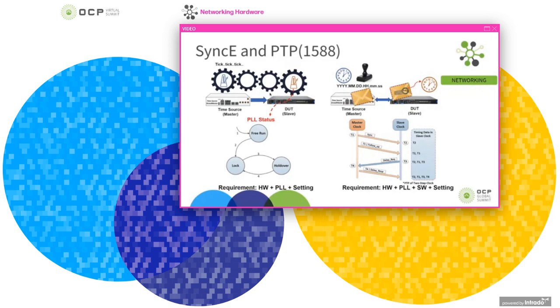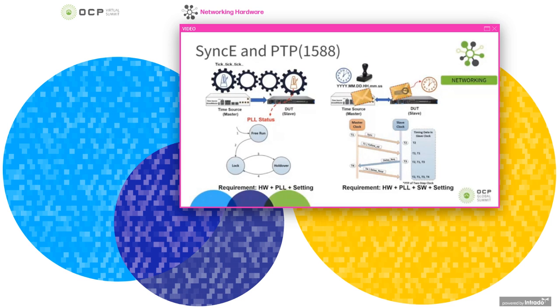It will stamp its central time into the packet and send the packet to our DUT, and then the DUT will catch that timestamp and read out the TOD value, the time of day value, to correct the central time in the DUT. The following figure, for transmissions T1, T2, T3, and T4, is for calculating the path delay in order to compensate and get the real time for T1.